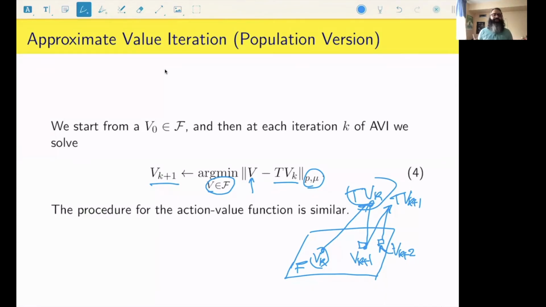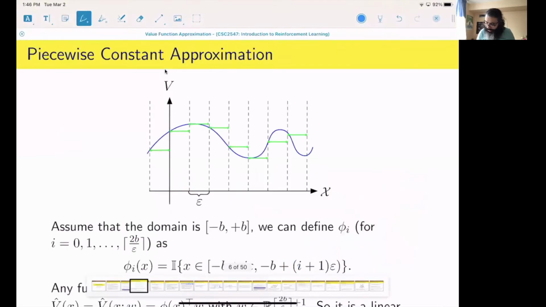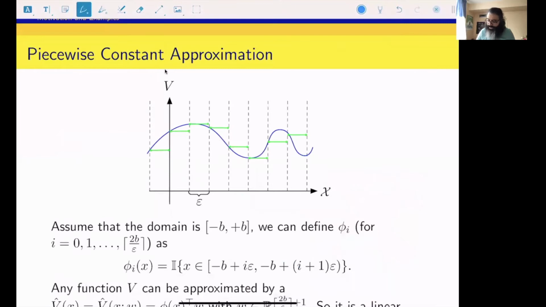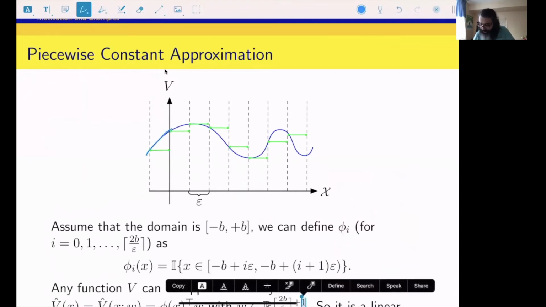And that superset is a space of all possible functions that we can define over that domain. So maybe a mental image here would be this one. When we have a piecewise constant approximation, this blue curve here is one function in that outside space.